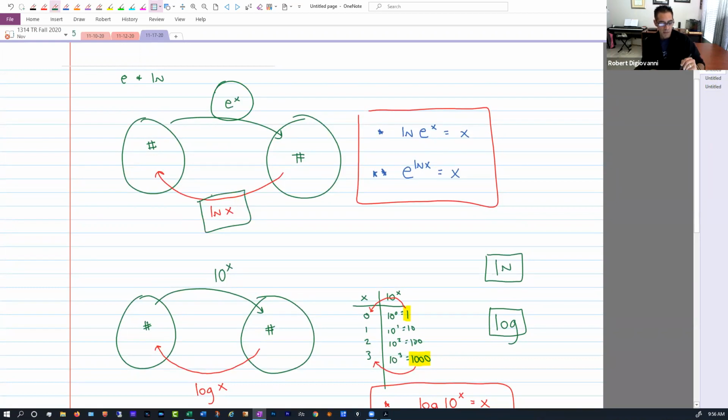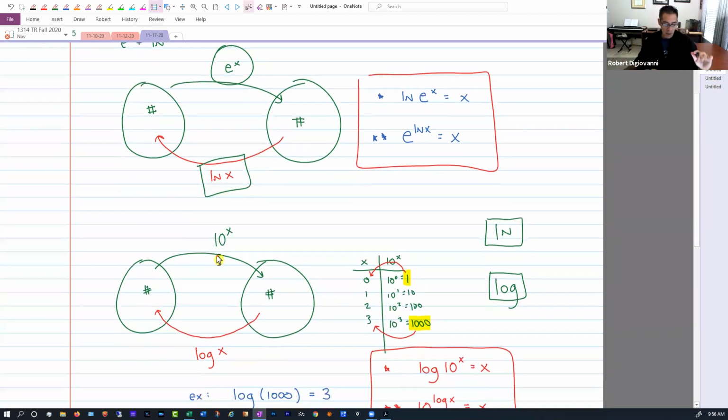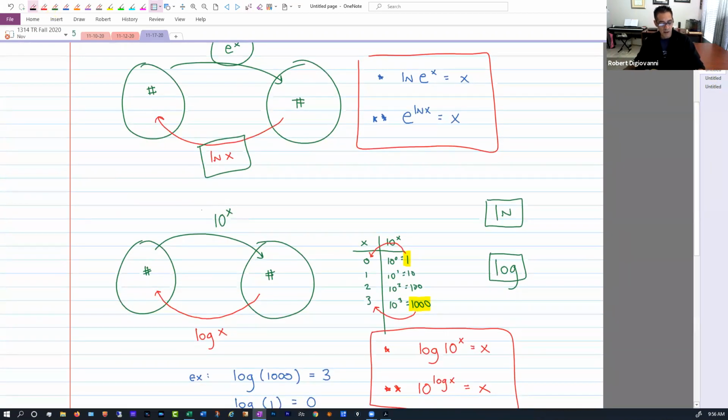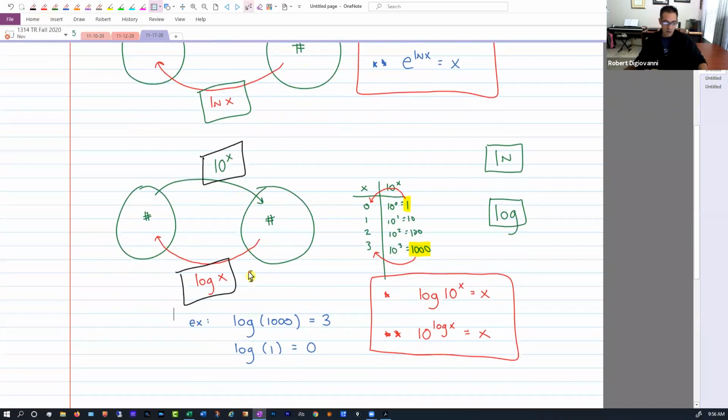That was what we learned last time. Today's new thing is if we have 10 to the x, the inverse is the log. So if you put log together with 10 to the x, you get x. Or if you do 10 raised to the log of x, you get x. That's why I put the 10 there, because I'm dealing with log, L-O-G. Anytime you deal with L-O-G, you're always going to use 10. Is that all right?